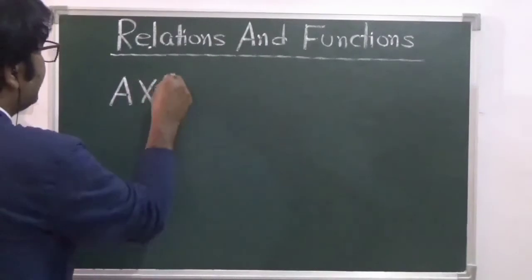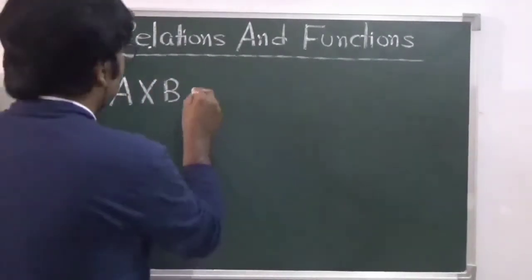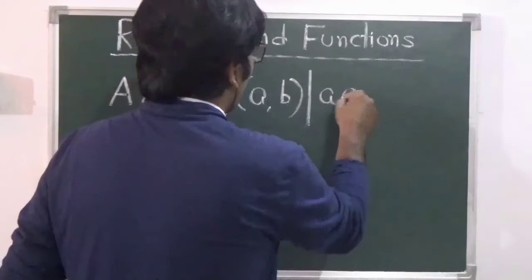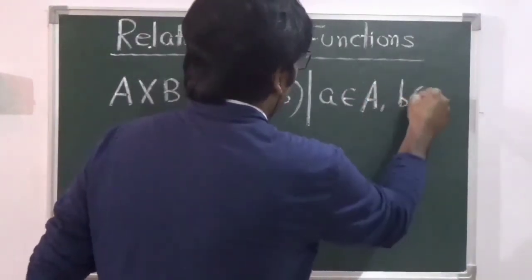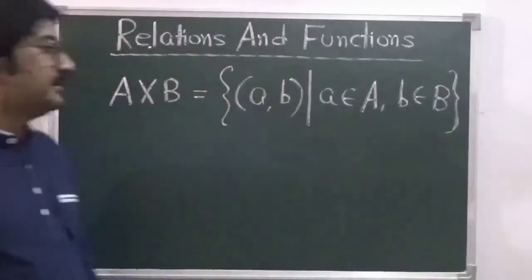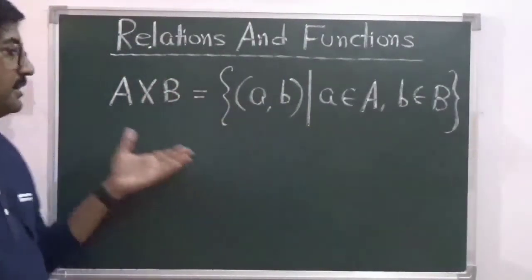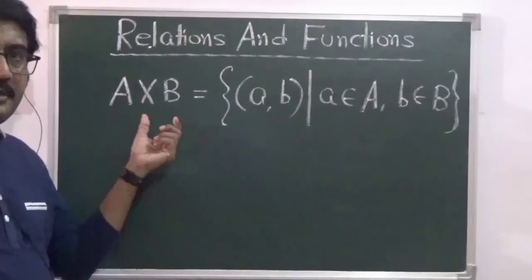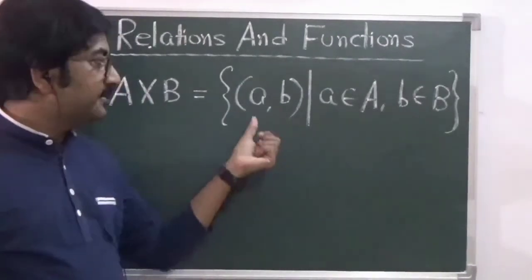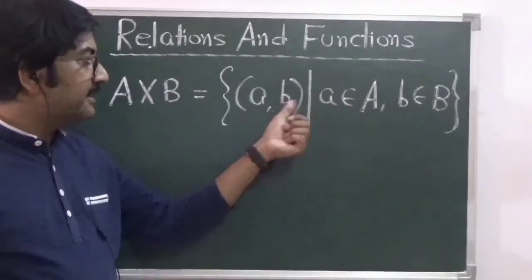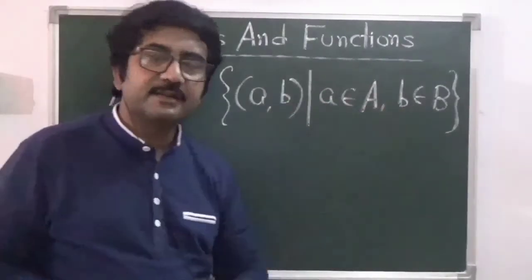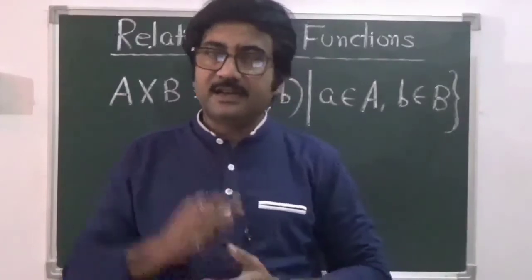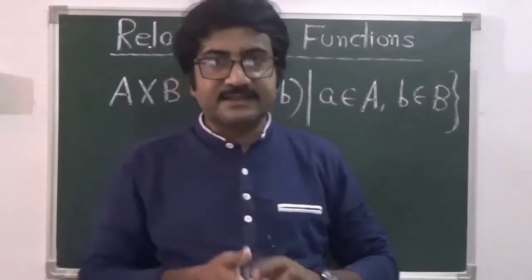Cartesian product is written as A cross B. So this is the set builder representation of the Cartesian product A cross B. You can see the elements of A cross B are in the form of ordered pairs, where the first element is from set A and the second element is from set B. So the Cartesian product is defined to be all those ordered pairs where the first element comes from the first set and the second element comes from the second set.